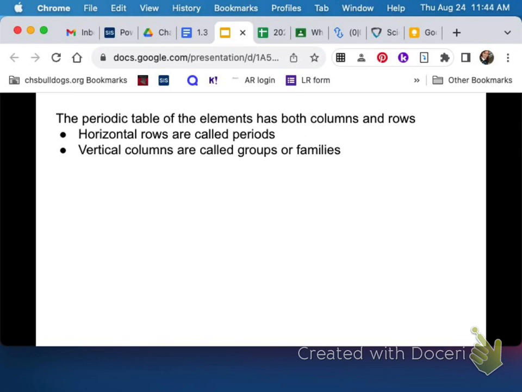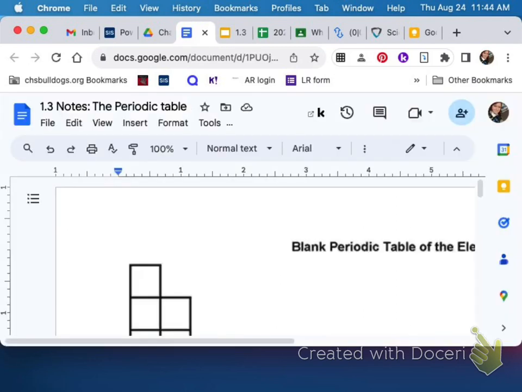Whereas all the way on the opposite side of the table, in the very first group, these would be highly reactive elements.